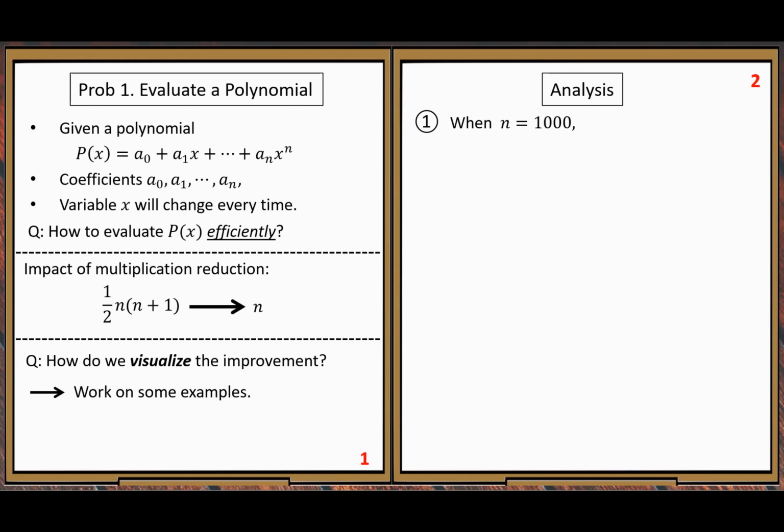Usually, when you evaluate a polynomial, you never have this large polynomial degree, right? 1,000 degree. You have quadratic, you have cubic. You don't have this large number. But for us, we do our computing problem here.